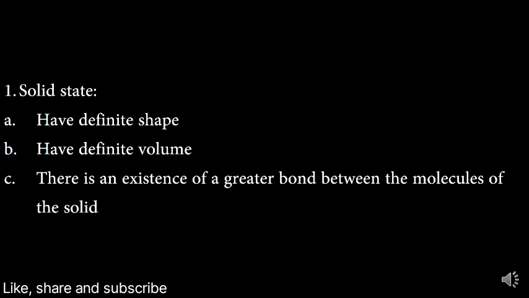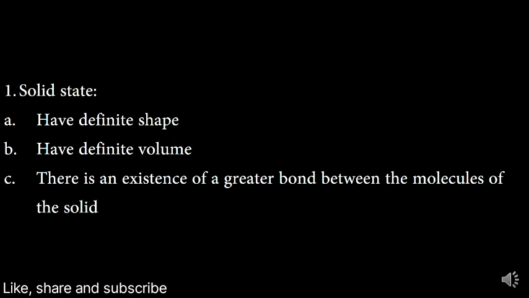You can identify that with your physical eyes. Then they will have a definite volume, and there is a greater bond between the molecules of the solid. These are 3 points you can use to identify when a particle is in solid state of matter.